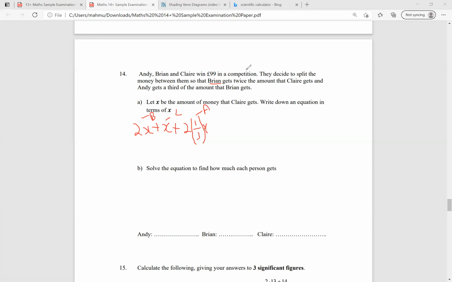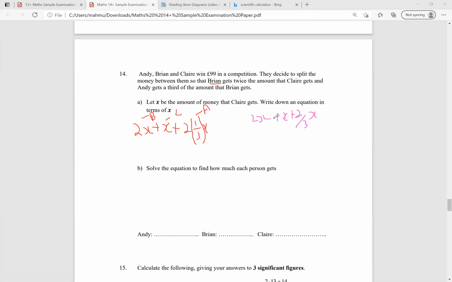So now if I open those brackets up, I'll get 2x plus x plus 2 thirds x.